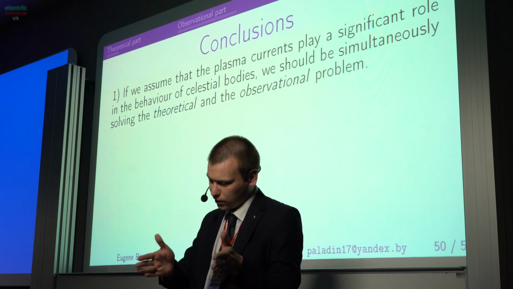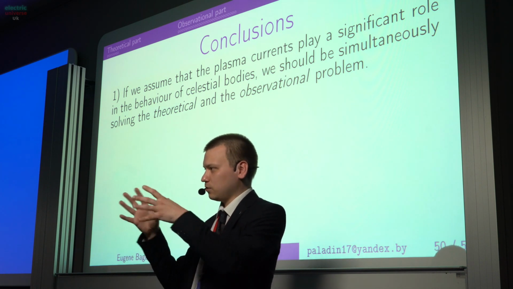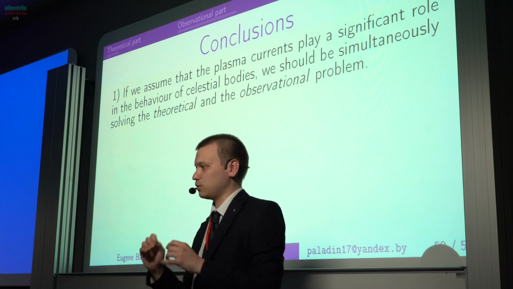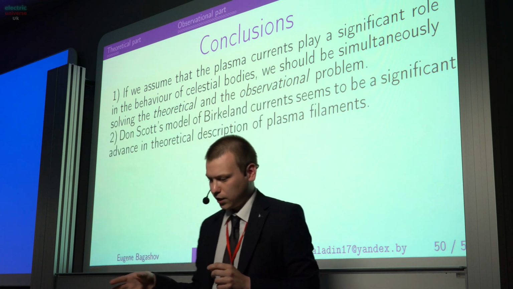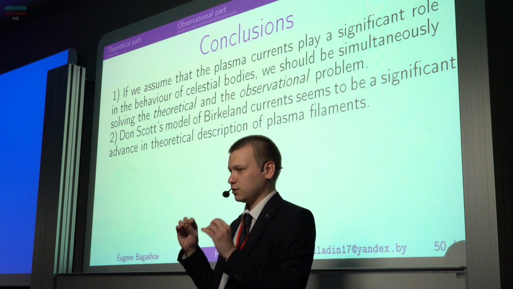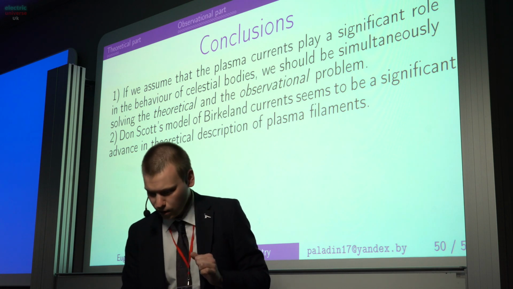And the observational problem: to map everything, to see where these objects are, how they are oriented with respect to each other, etc. And then I would say that Don Scott's model of Birkeland currents is actually a good take on solving the theoretical problem that I mentioned.